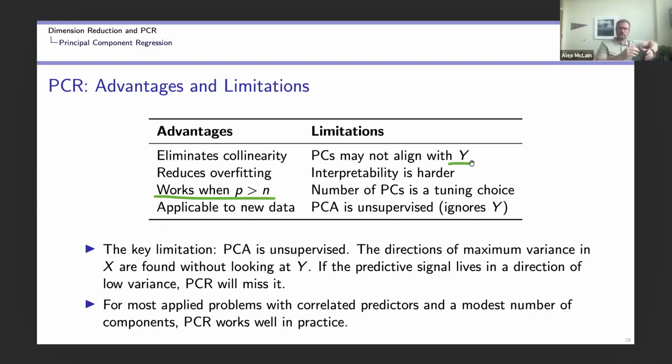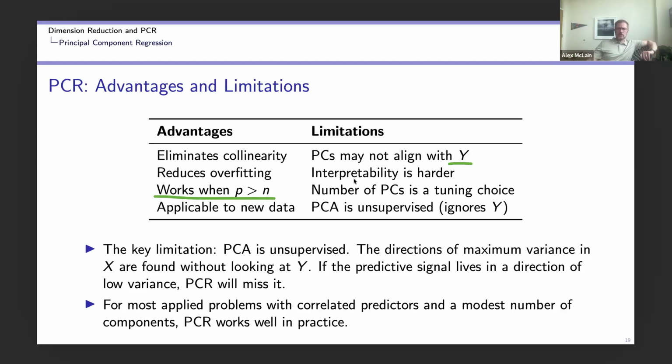Interpretation is harder than on the original variables. So that's going to be a limitation of it. The number of PCs, how many we're going to choose, that's a tuning parameter, something we have to deal with using, say, cross-validation. And again, PCA is an unsupervised technique. It ignores Y.